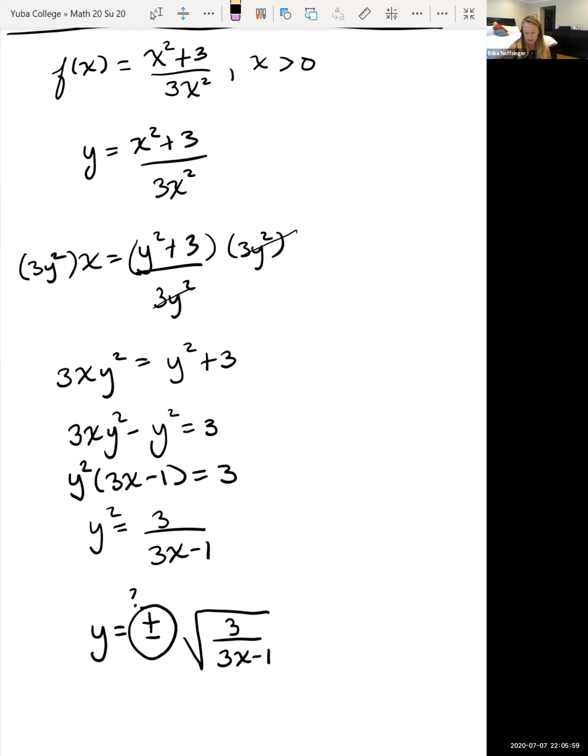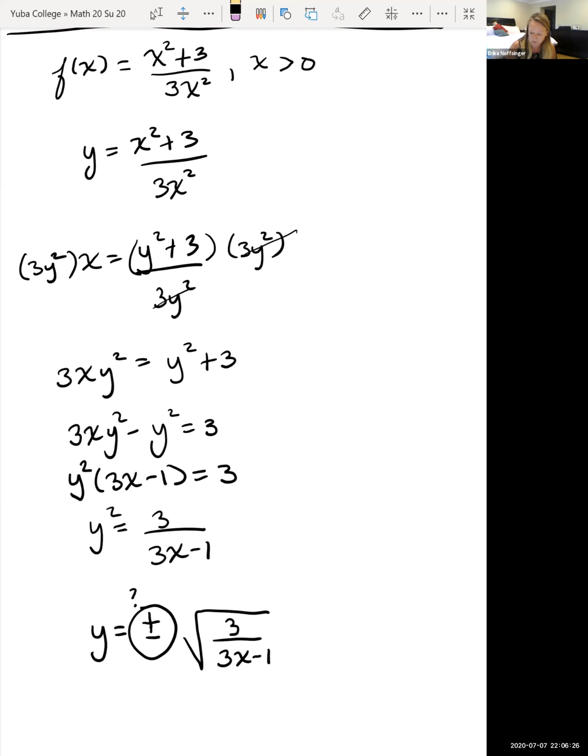So the reason I'm saying we need to check that plus and minus is because our problem started out with a stipulation. If we would have graphed this without this stipulation, this would not have been a one-to-one function. And so they narrowed down the domain, so it made it one-to-one. And so our domain of f of x here, notice, is greater than 0.